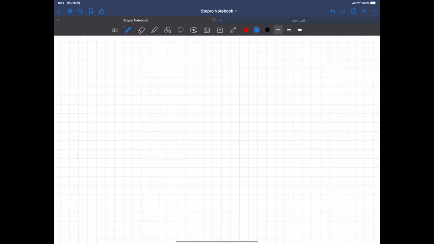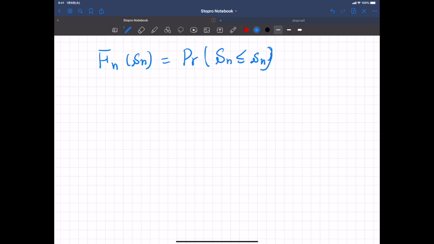So in general, we have the following recursive equation for Sn. That is this probability, Sn less than or equal to lowercase sn, is given by this integral of F of n minus 1, sn minus y, and f of y.